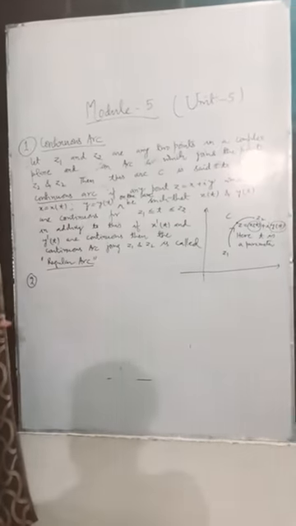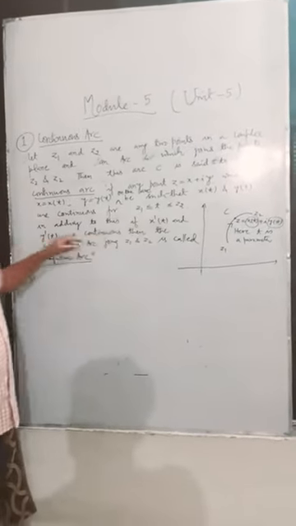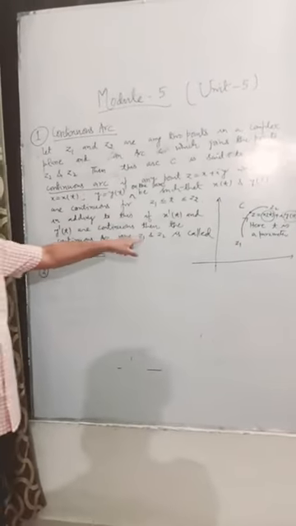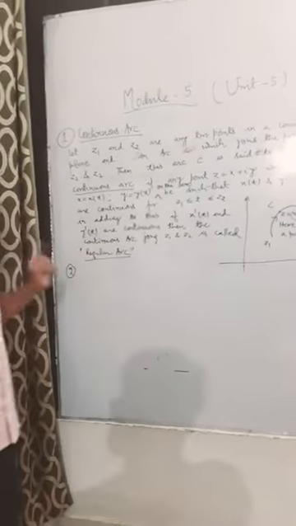In addition to this, if x dash t and y dash t are continuous, then the continuous arc joining the points z1 and z2 is called a regular arc.